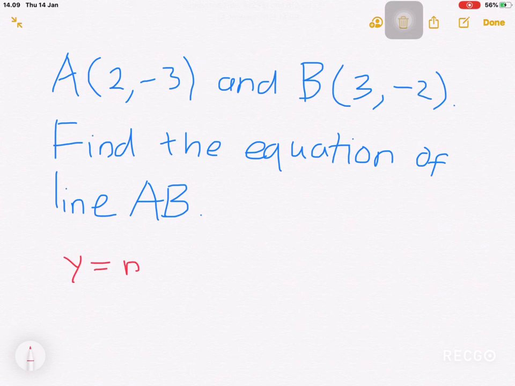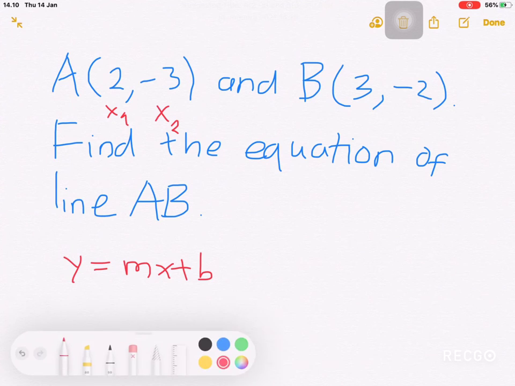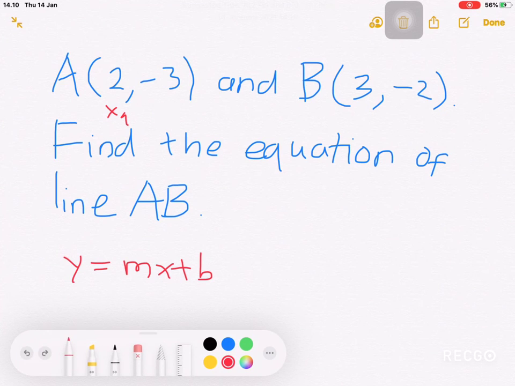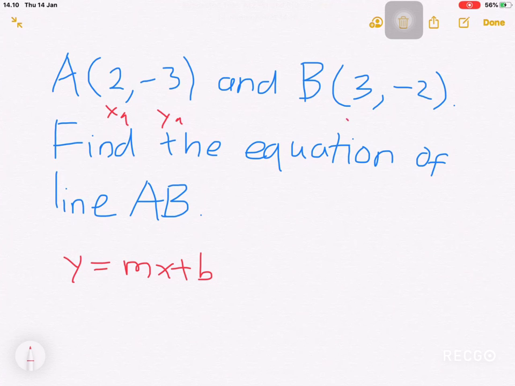Recall that y equals mx plus b. M is our gradient, and I'm going to rewrite the formula. And first, notice that we have our x1 value right here, x2 value right here, and actually not x2, this is supposed to be y1. So I apologize before. This is x2 and y2.